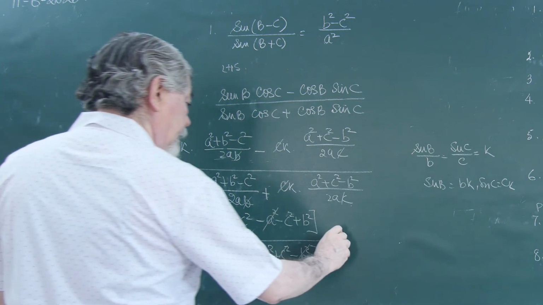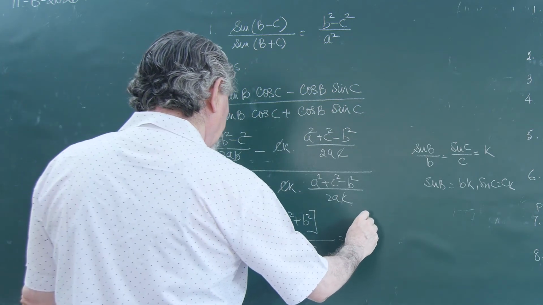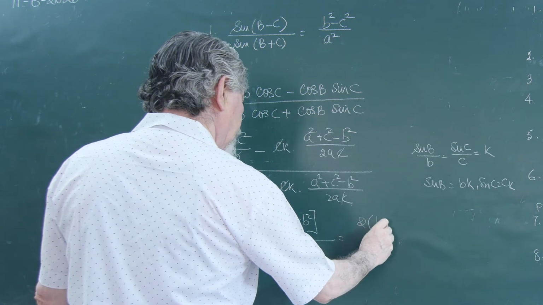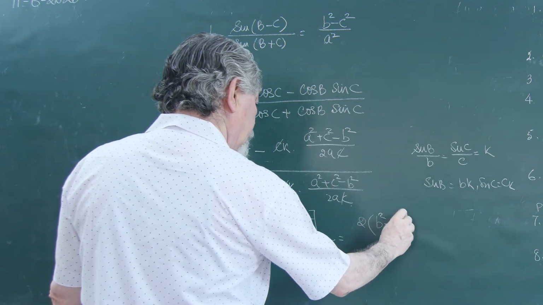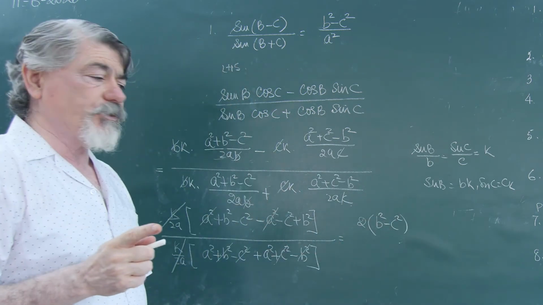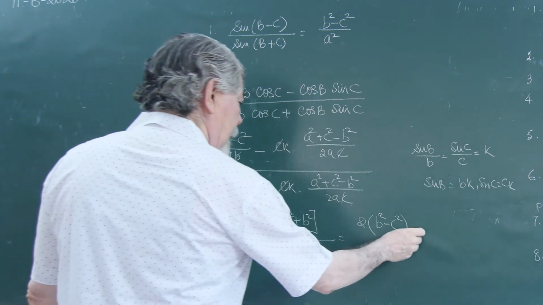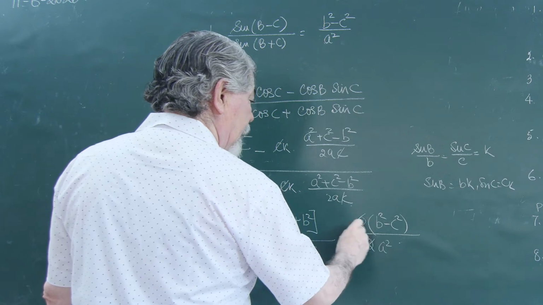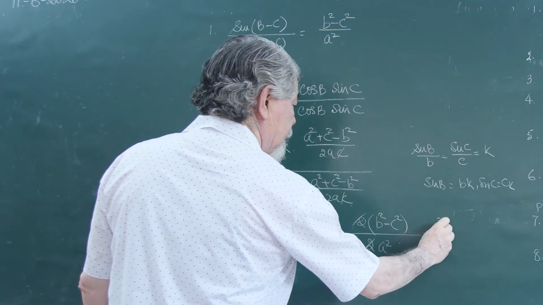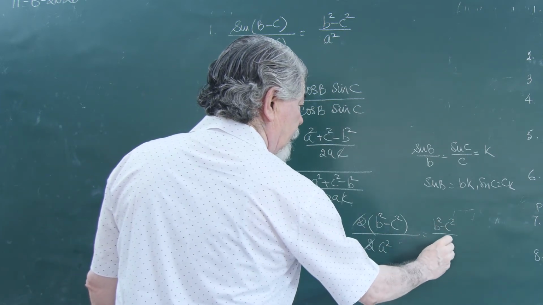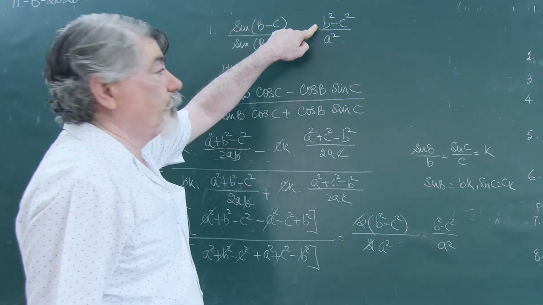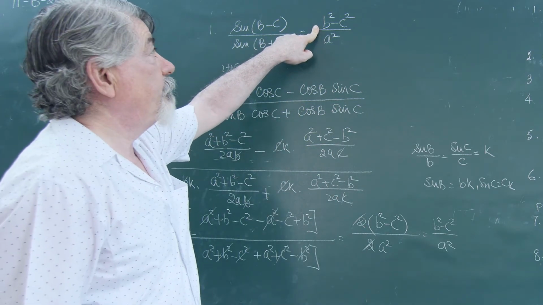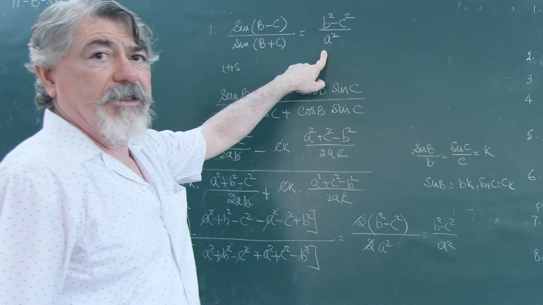In the denominator, b square plus b square is not canceled, minus c square plus c square cancels. So in the numerator I'll be left with 2(b square minus c square), taking 2 common, and in the denominator I'll have 2a square. So 2 will cancel. I get b square minus c square upon a square, which I had to prove. On the right side, I have b square minus c square upon a square.